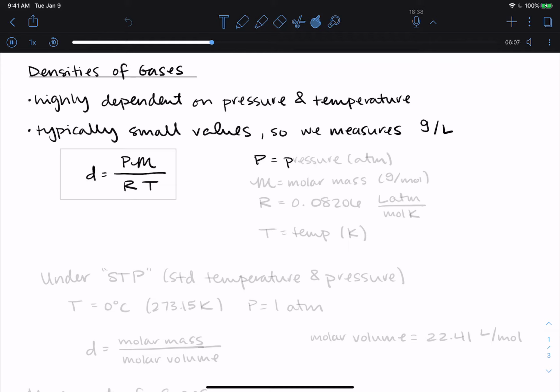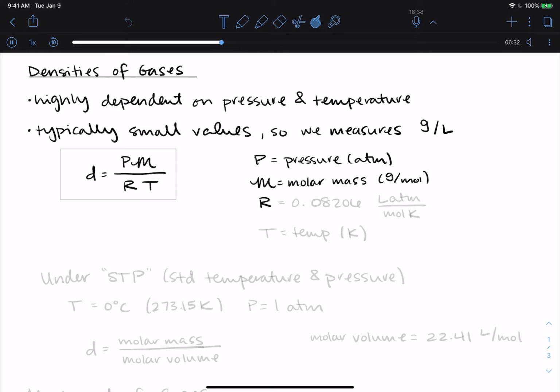So P is pressure in atmospheres. M is molar mass. It's an uppercase fancy M. And this is in grams per mole. So you can just read it off the periodic table or add it up from the periodic table.